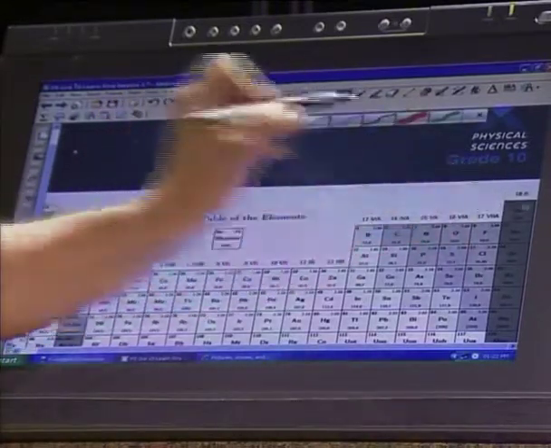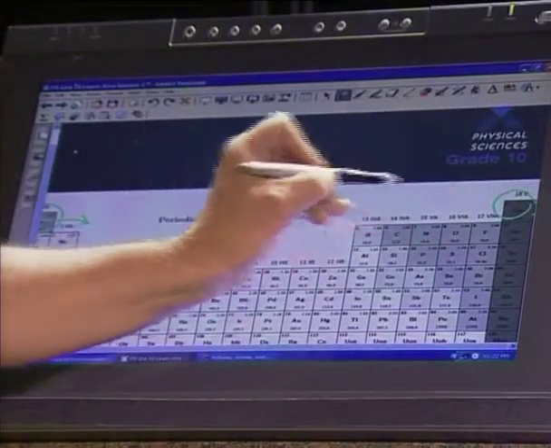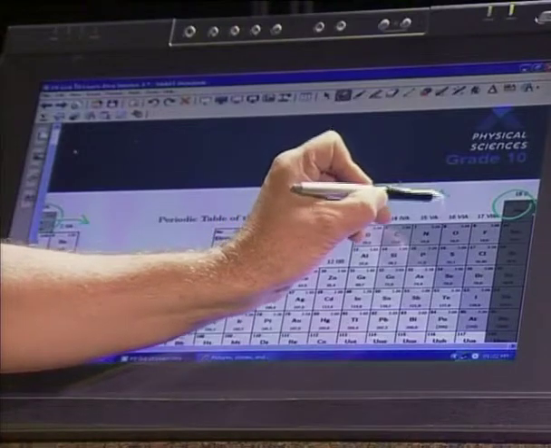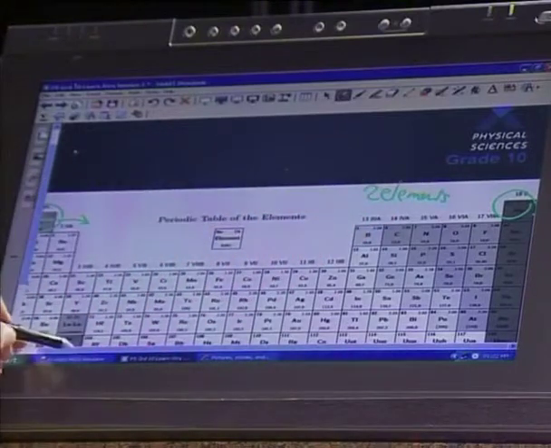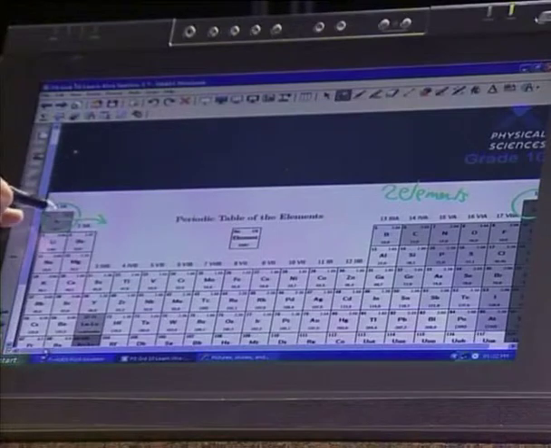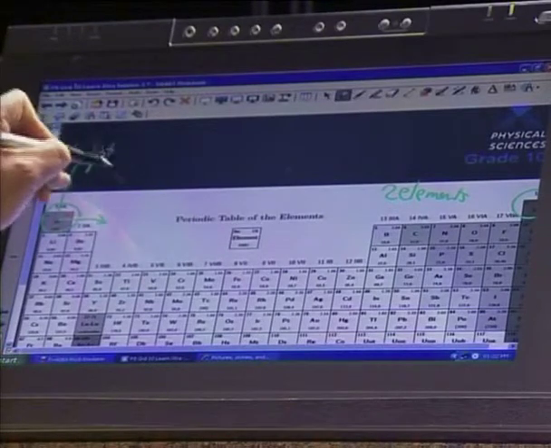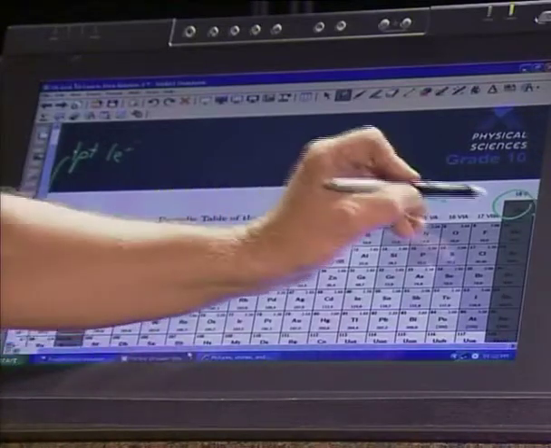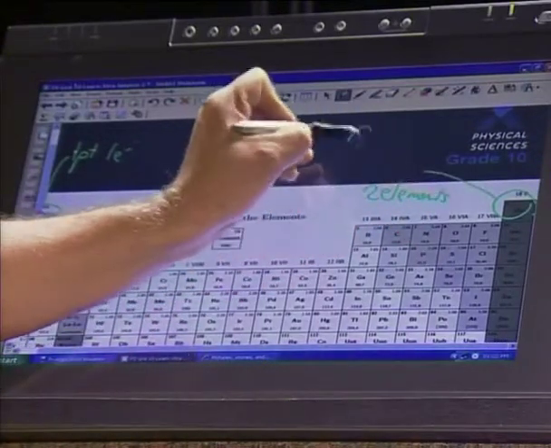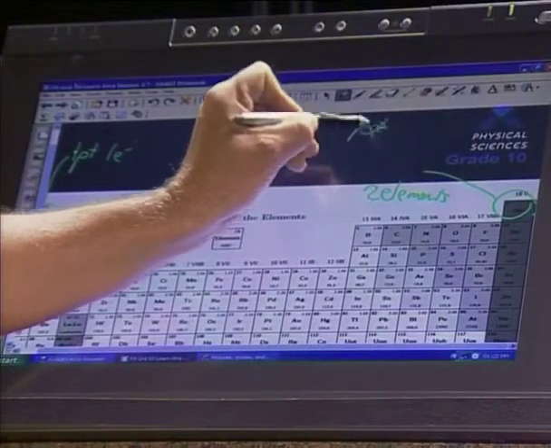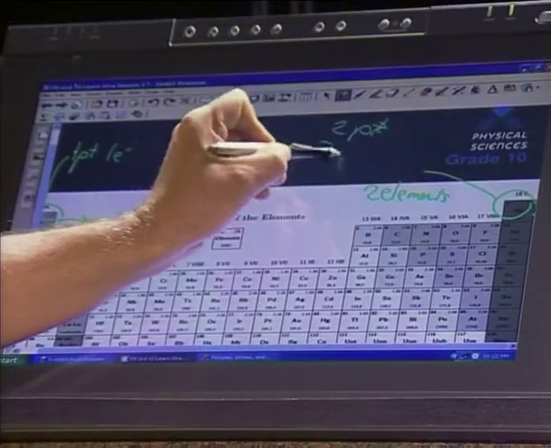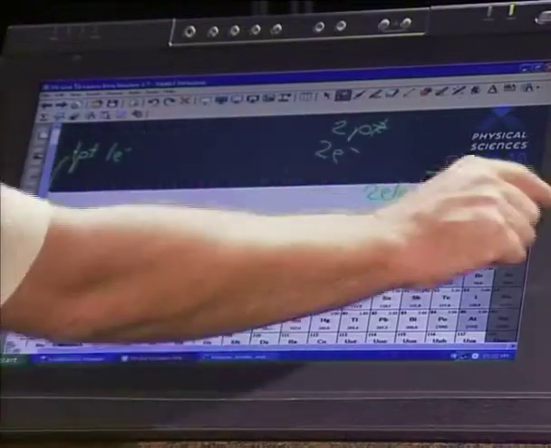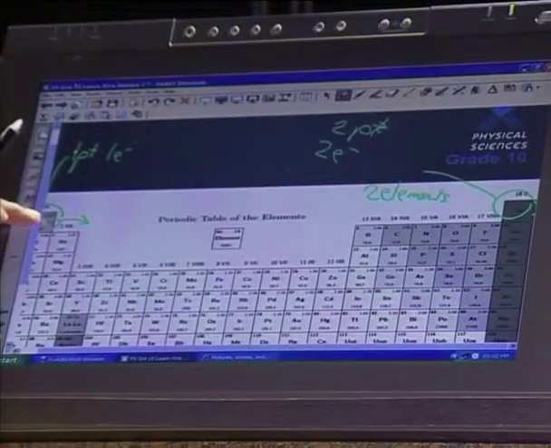We've got 2 elements. Remember, hydrogen has 1 proton and 1 electron. And helium, we're told, has 2 protons and 2 electrons. So there are 2 electrons, 2 elements in the first period.